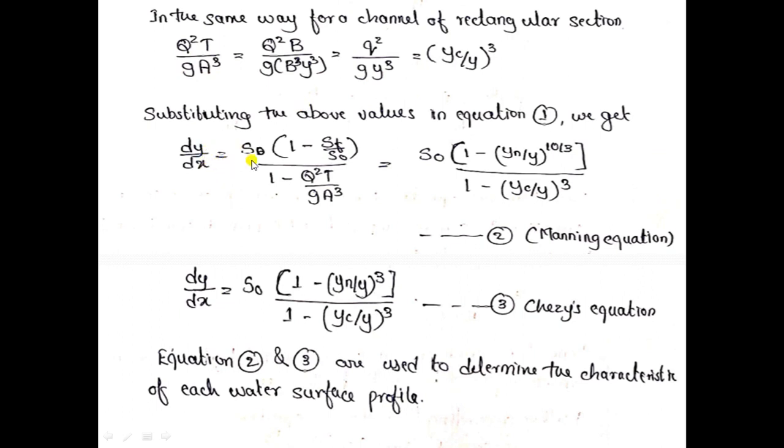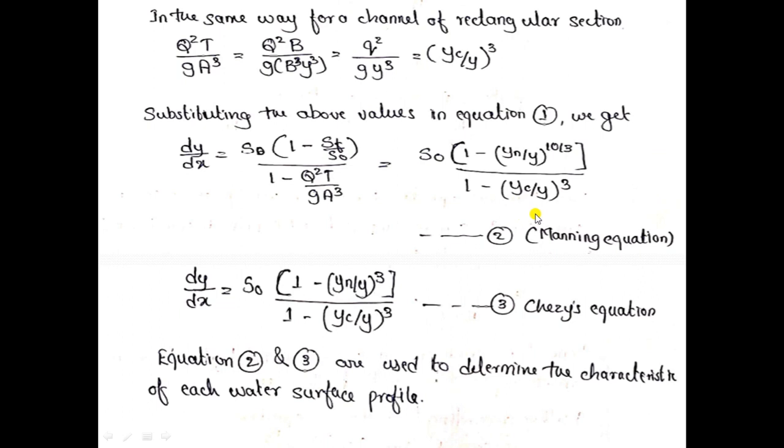dy/dx = S0 (1 - SF/S0) divided by (1 - Q²T/(gA³)). So, if we simplify it, it will be S0 [1 - (yn/y)^(10/3)] divided by [1 - (yc/y)³].